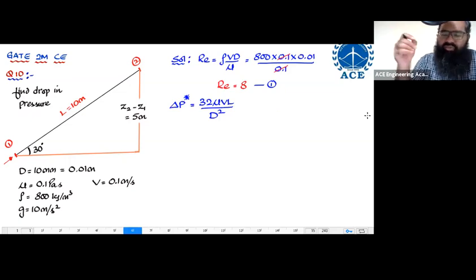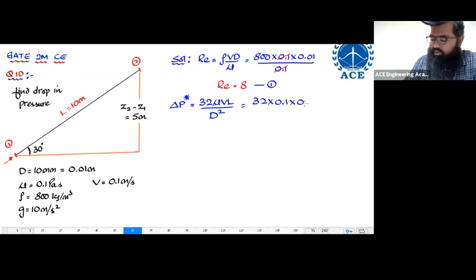If you know one or two formulas, anyone can get these formulas very easily. So this is delta P star. Put in the numbers now. 32, mu is 0.1, velocity is again 0.1, length is equal to 10, divided by D square, which is 0.01 whole square. The square also has to be taken. Check the value of delta P star.